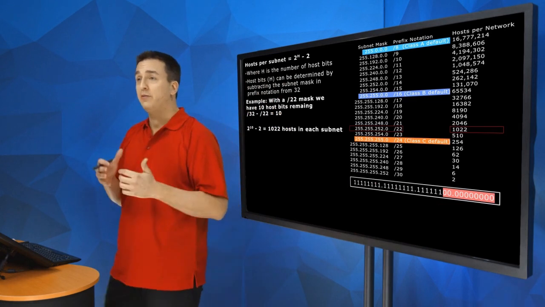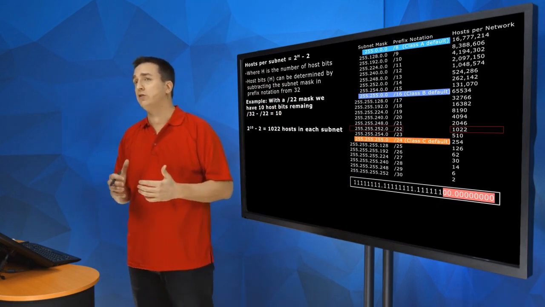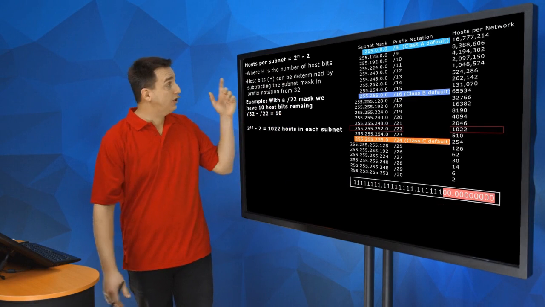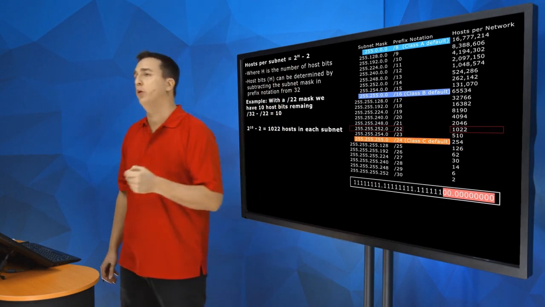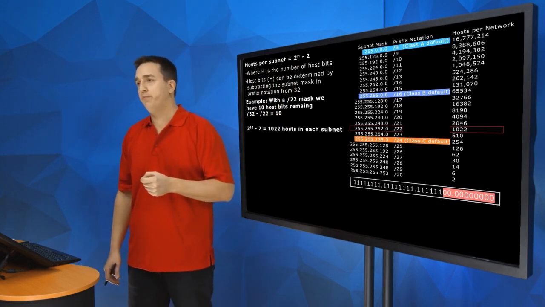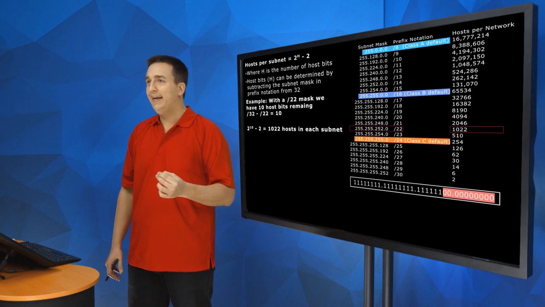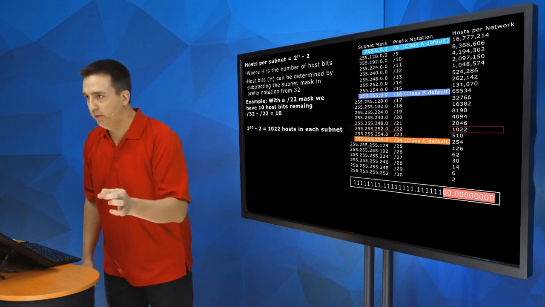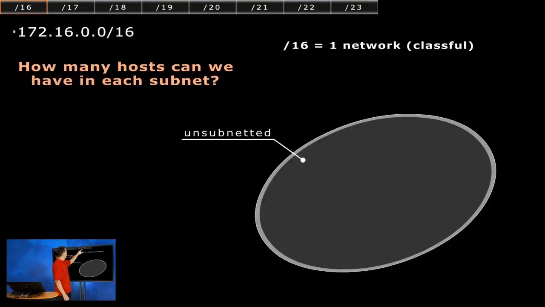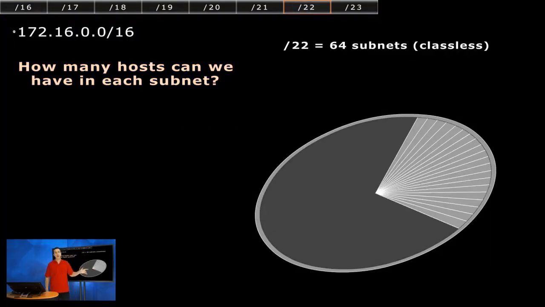So 2 to the power of 10 is 1,024. We then subtract 2 from that number, and what do we get? 1,022. 1,022 hosts in each of the 64 networks. So let's go back here. 64 subnets.